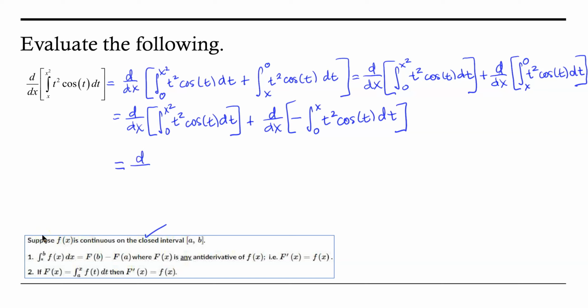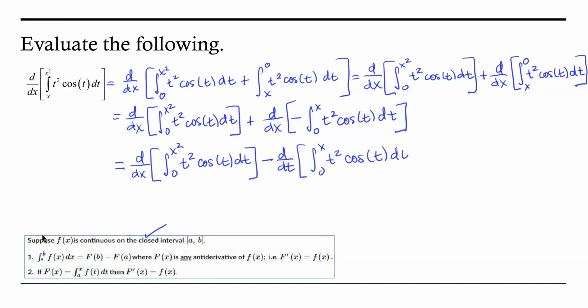Equals the derivative with respect to x of the integral from 0 to x squared of t squared cosine of t dt, minus the derivative with respect to x of the integral from 0 to x of t squared cosine of t dt. Now, at this point, both functions here that we're trying to take the derivative of are of the appropriate structure.